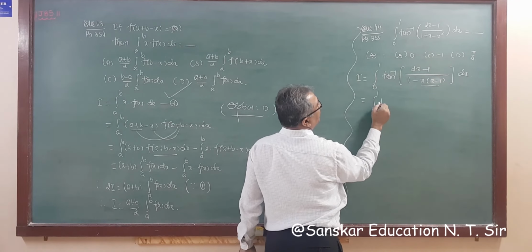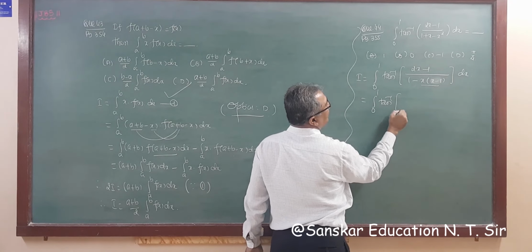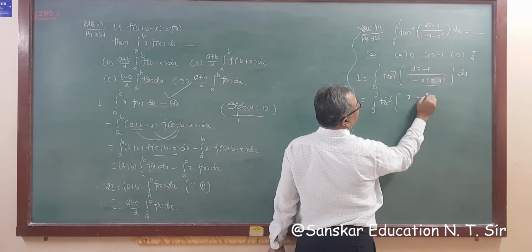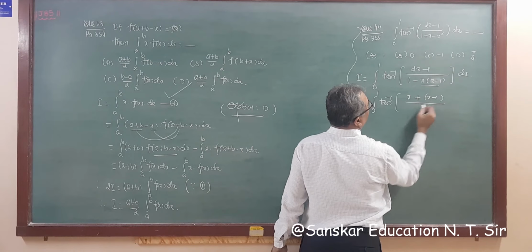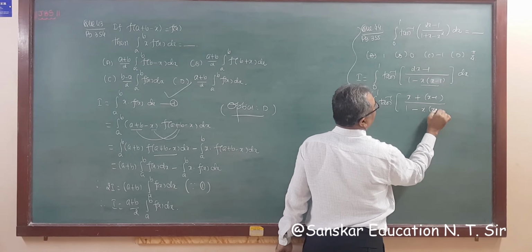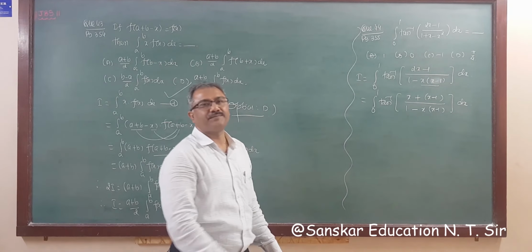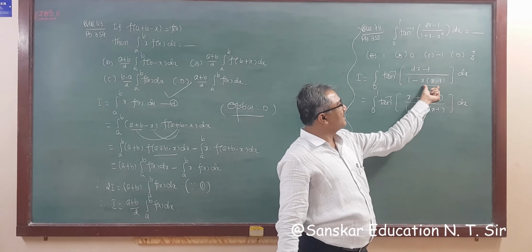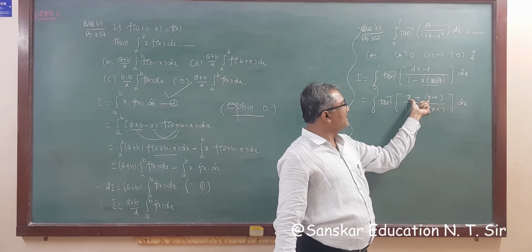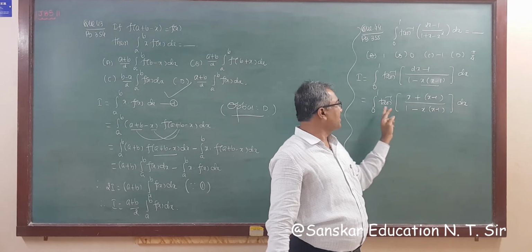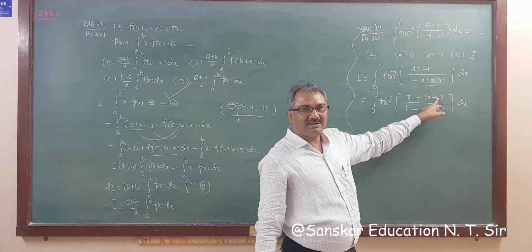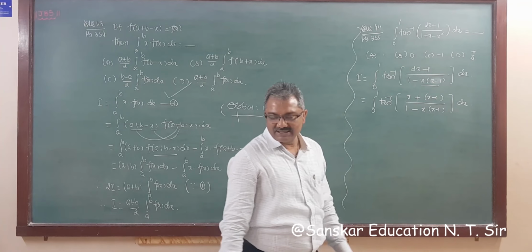Now you know you have to adjust this: if there is a minus, you have to plus. So integration 0 to 1 tan inverse, I am writing x plus x minus 1 whole upon 1 minus x into x minus 1 dx. Got it? I am writing twice x minus 1 as a sum of these two, x plus x minus 1. So tan inverse a plus b, there is a formula.